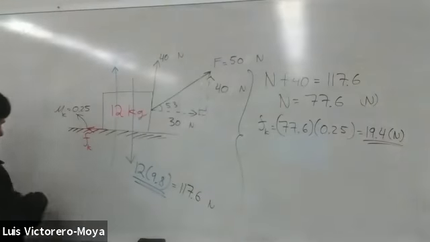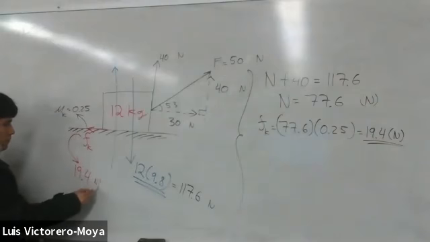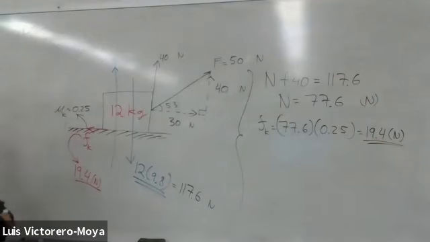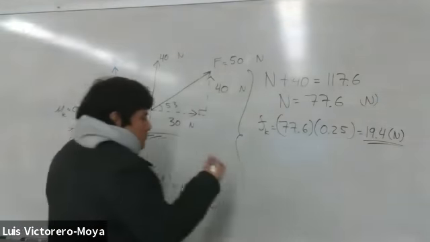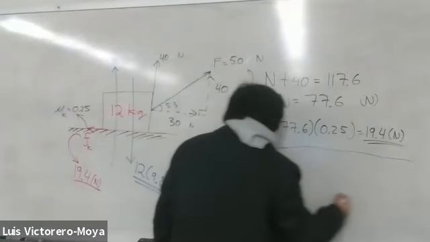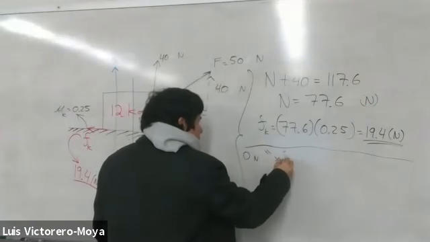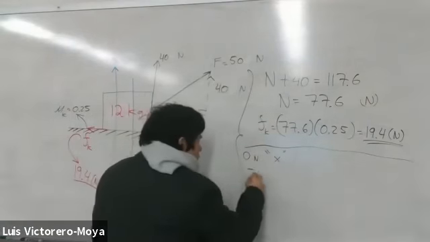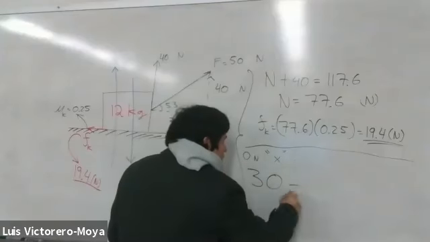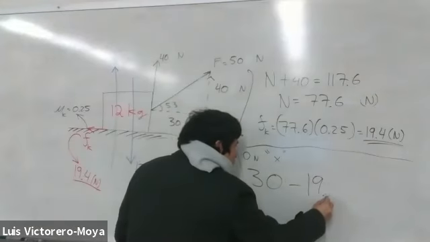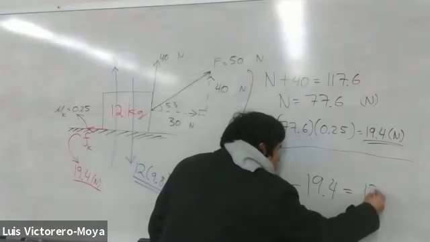So this friction here, so the net force on the horizontal, I have 30 minus 19.4 equals to 12.